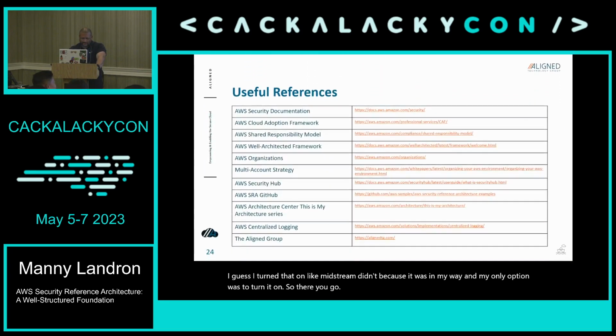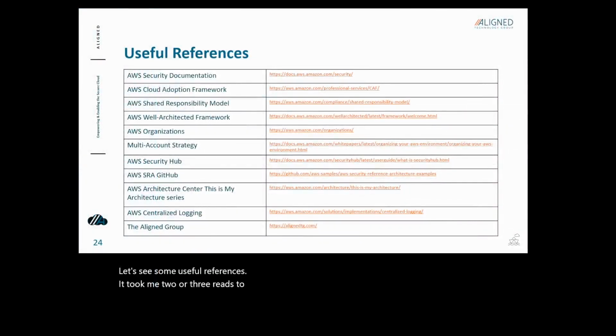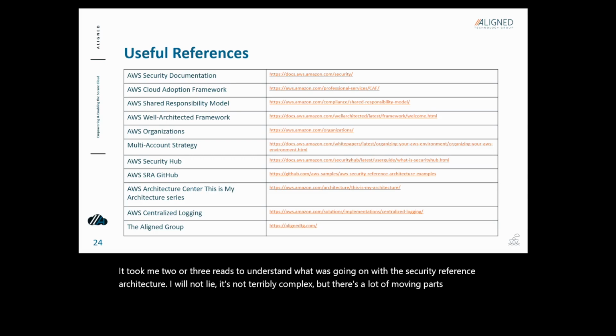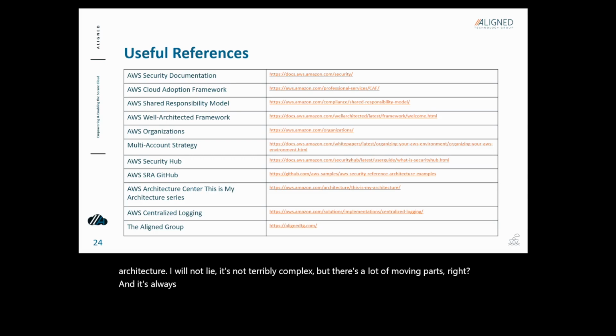Let's see. Some useful references. It took me 2 or 3 reads to understand what was going on with the security reference architecture. I will not lie. It's not terribly complex, but there's a lot of moving parts, right? It's always taken me a couple times to let things sink in. So don't feel bad. Do give it a read.